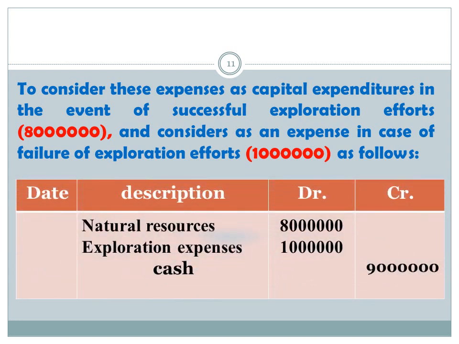The entry in this case will be natural resources 8 million, for successful exploration efforts, and exploration expenses 1 million, in the event of failed exploration efforts, with cash in the credit side 9 million.